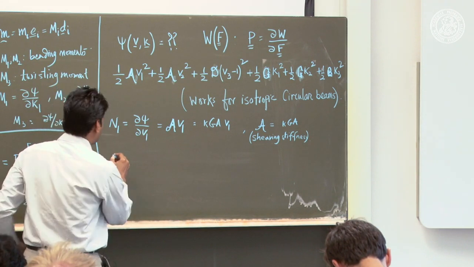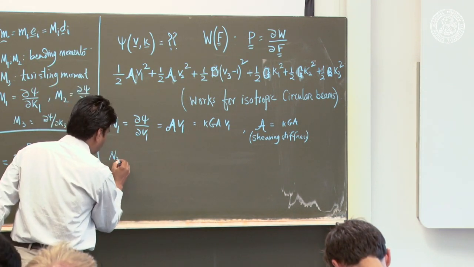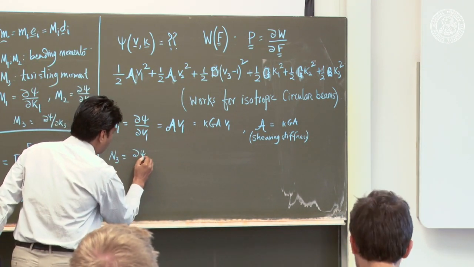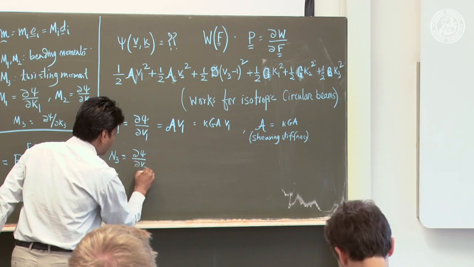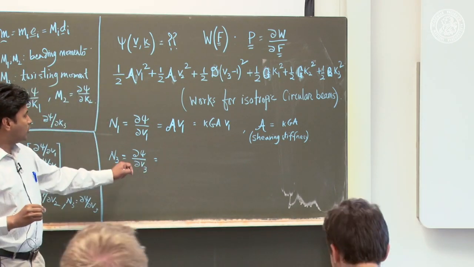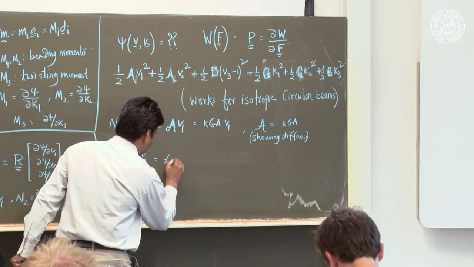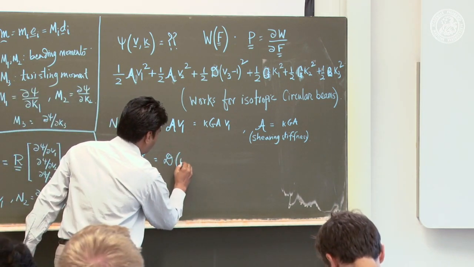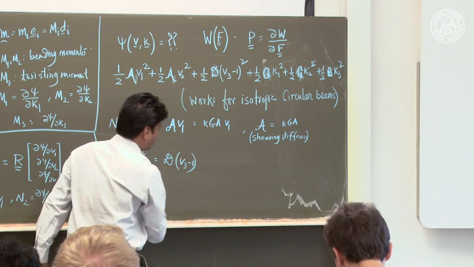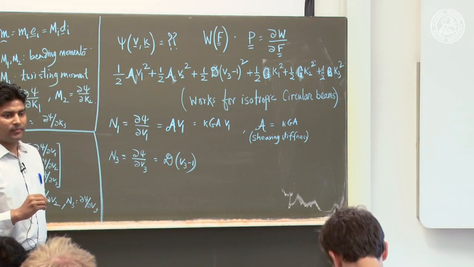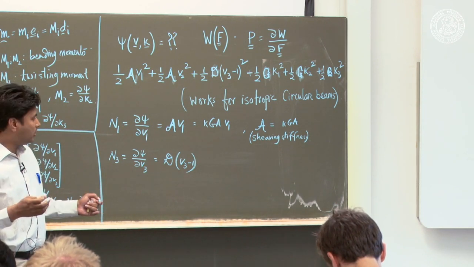Similarly, if you want to get N3, the axial force, that's del psi over del V3. And what's that going to be equal to? That's D times V3 minus 1. And what do you use for ordinary beams?